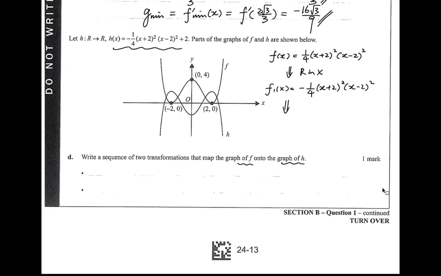Then it will be extremely apparent to see translation 2 units upward. So you will see f2 of x, which is your new letter h of x, minus quarter x plus 2 squared, x minus 2 squared plus 2.